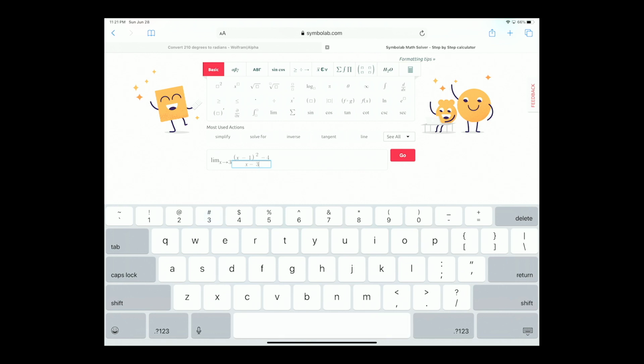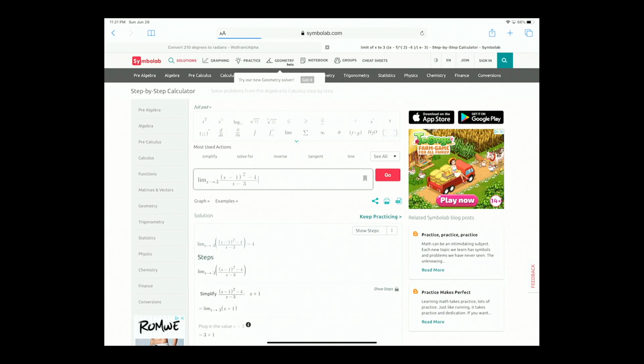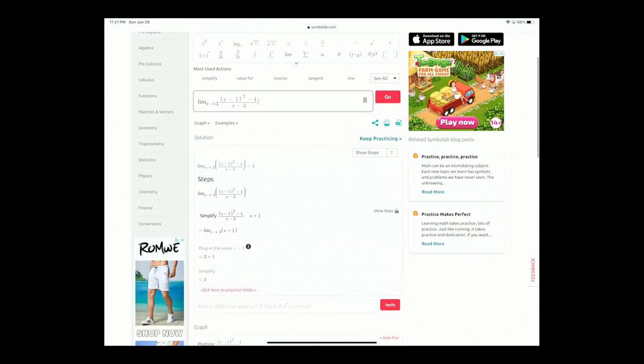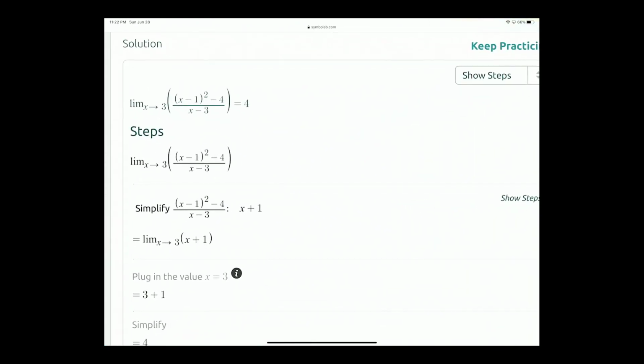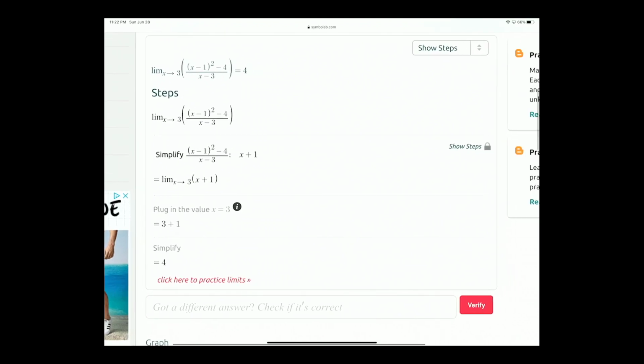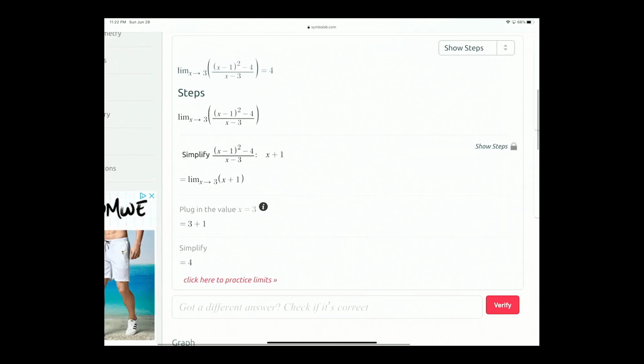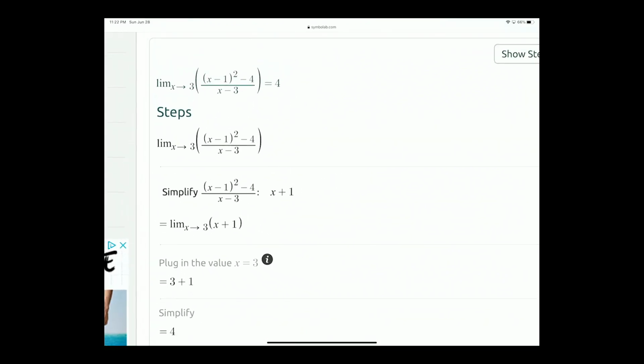I think I did it. Let's try. Go. Okay. Now the limit is 4. Now the reason I wanted to go through this trouble, even though it's hard on an iPad, is because it has the steps here. So like it says, simplify this, and you end up with the limit as x goes to 3 of x plus 1, right? Right here in the middle.